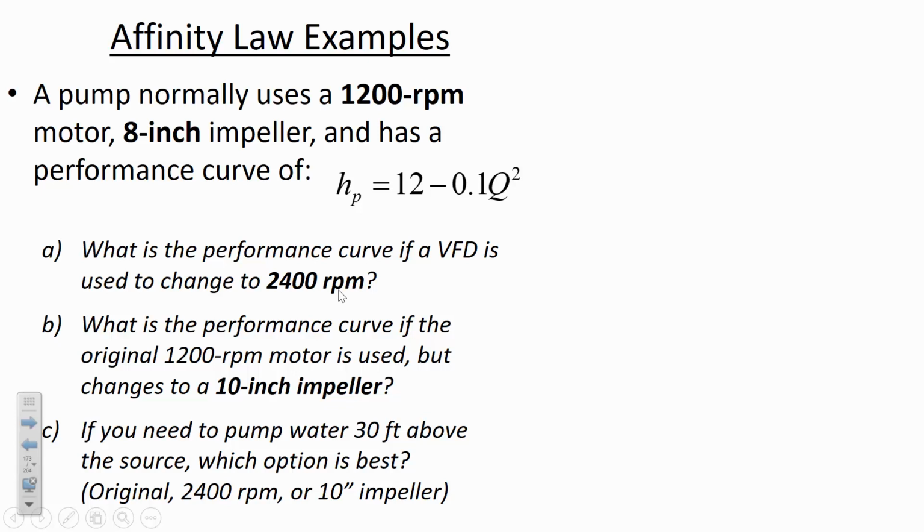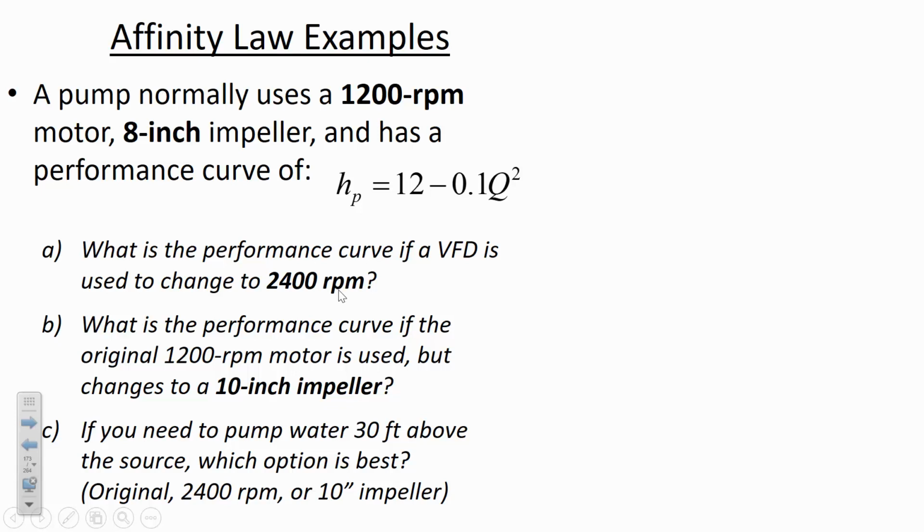That means N2, the rotational rate under the second condition, is 2400, whereas N1 was 1200. That was the original rotational speed. Both D1 and D2 are the same. D2 is still an 8-inch impeller as it was originally.